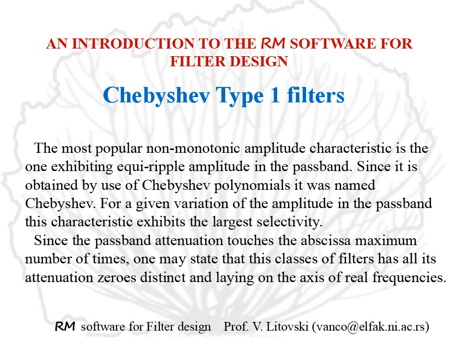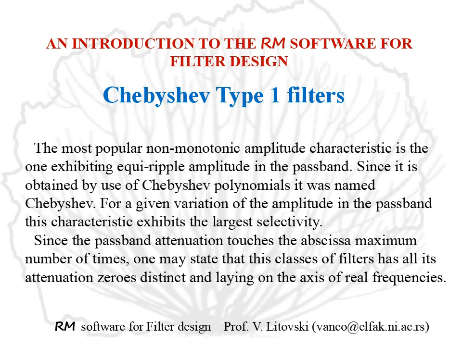And since there is another one where the Chebyshev polynomial is used in the denominator of the characteristic function, this one is called Chebyshev type 1 filter.